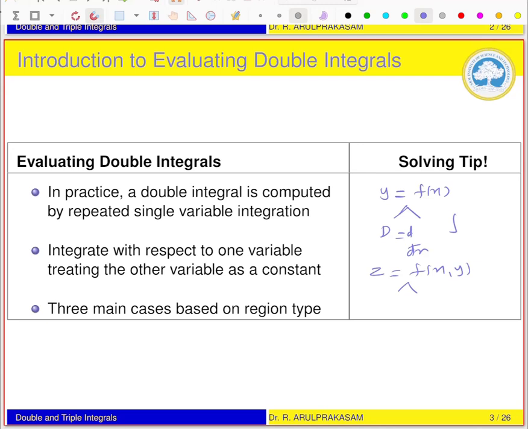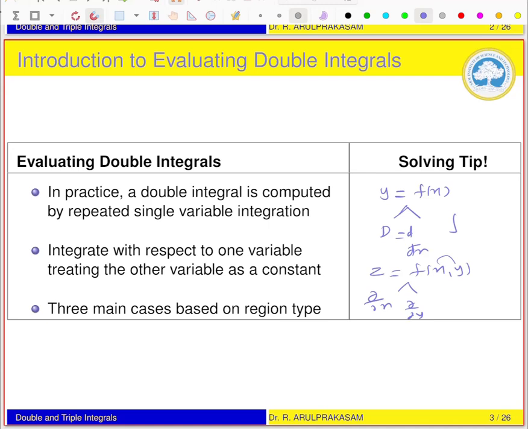You know the differentiation, which we simply call partial differentiation, with the notation dou divided by dou x and dou divided by dou y. Because two independent variables are involved, you know how to differentiate. Up to this level you studied in the first semester.